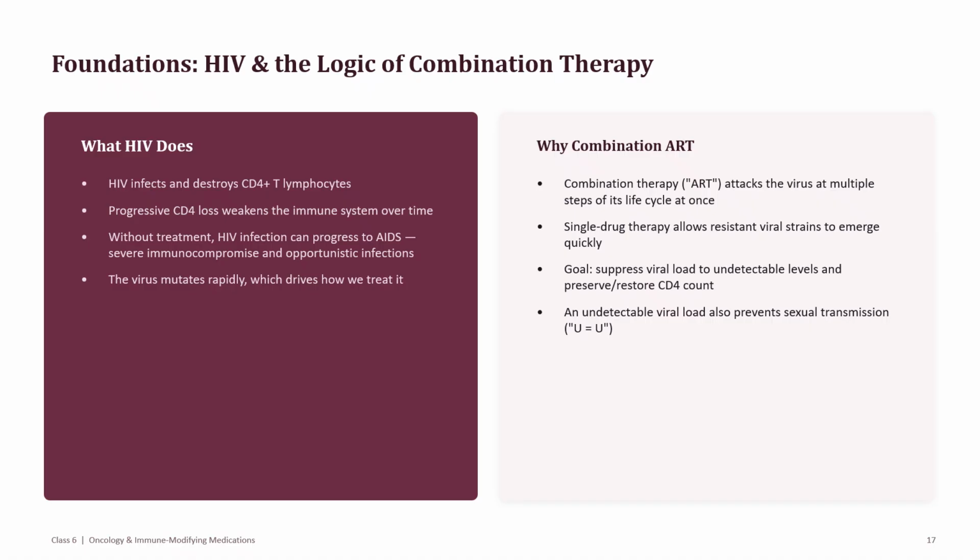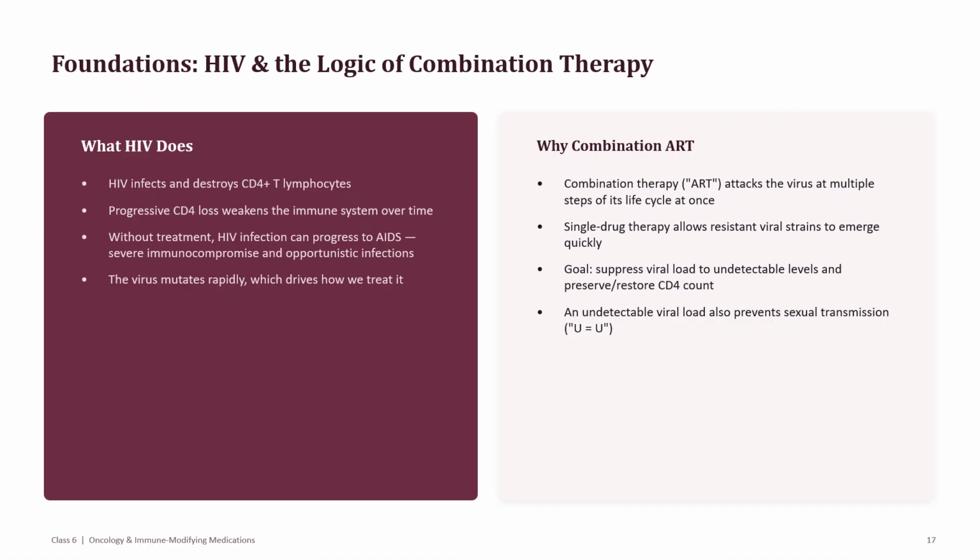Okay, so moving away from cancer and moving on to HIV, which is a completely different fight. With cancer, it's an abnormal human cell, but with HIV, it's a virus that's living inside of the human cell.